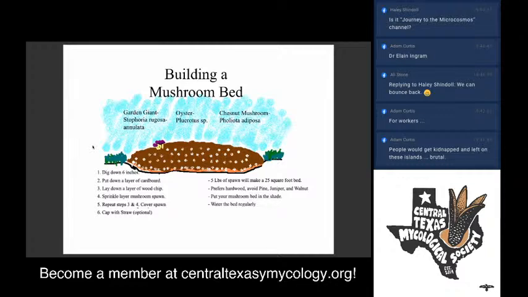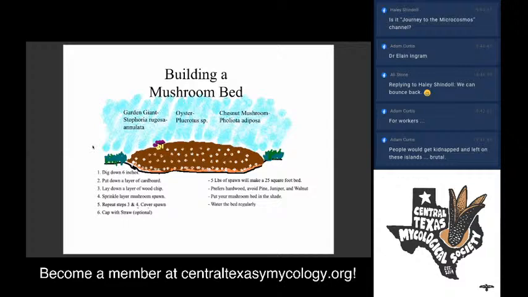You're more than likely going to want to find hardwood mulch, and what I mean by hardwood is to avoid things like pine or juniper. Softwoods are like pines and junipers, and you want to avoid them because they're aromatic.